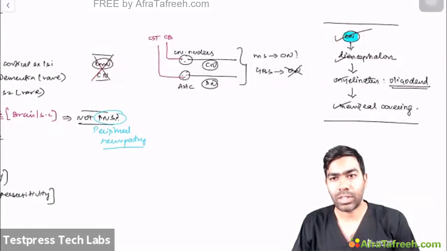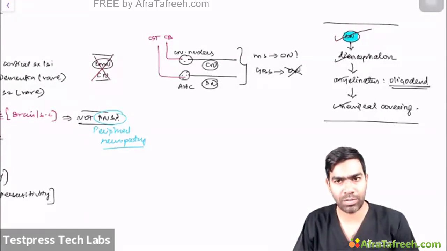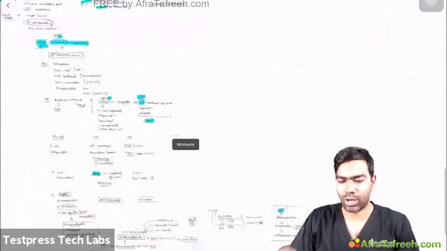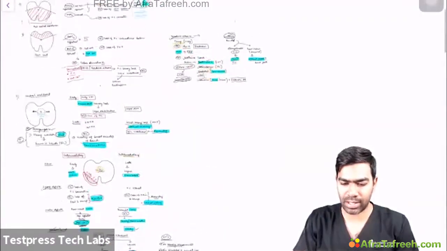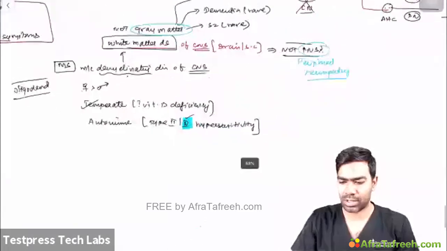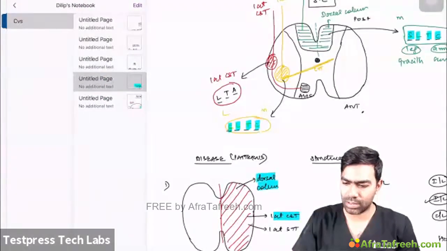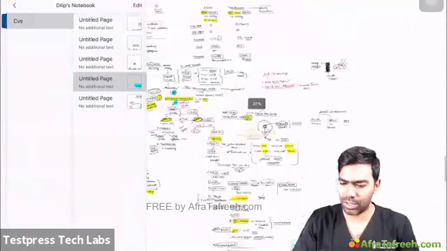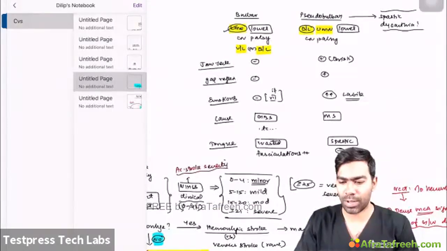So Vikram is asking, can UMN type of involvement of the 7th nerve happen? Yes, of course, it can be involved in MS, UMN type of 7th nerve palsy. I told you already. In the previous discussion, I discussed bulbar versus pseudobulbar palsy.